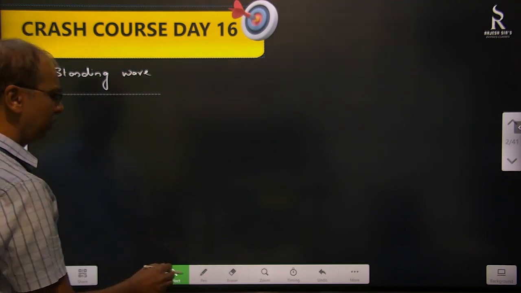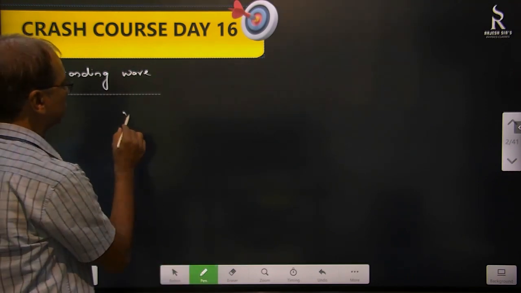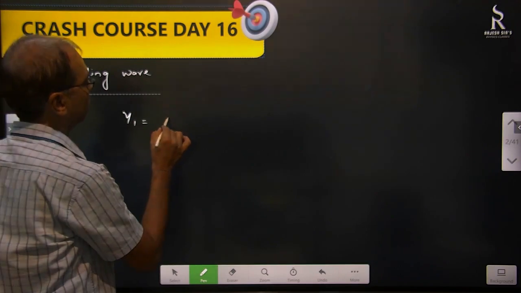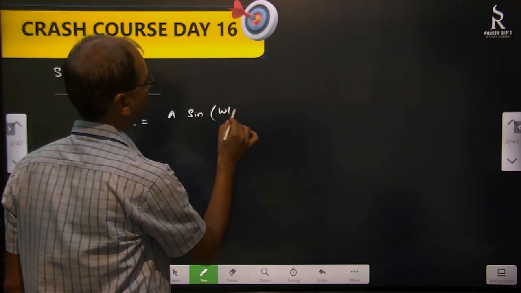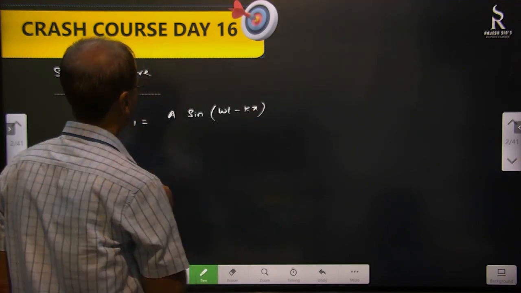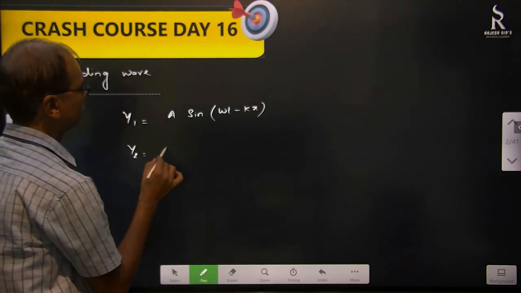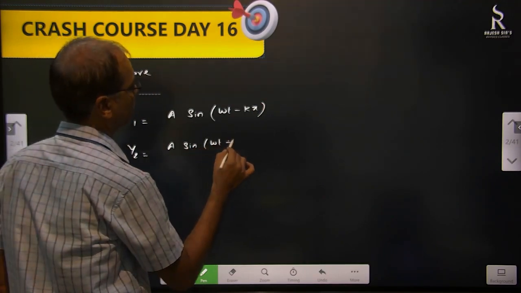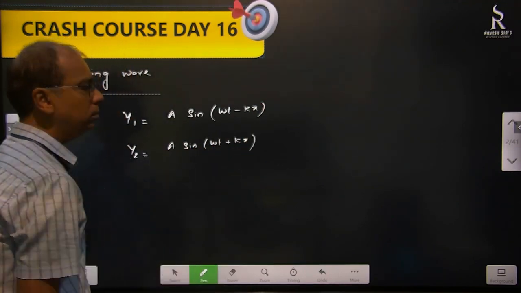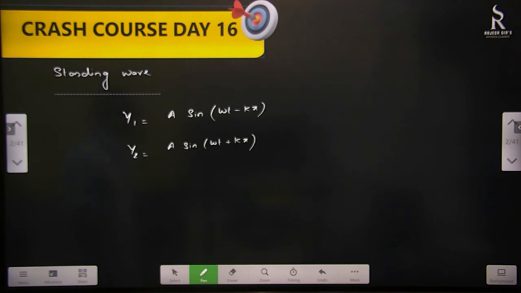So, what type of waves? Suppose one wave is A sin(omega t minus kx), and the other one is A sin(omega t plus kx). We are going to have superposition of them, interference.